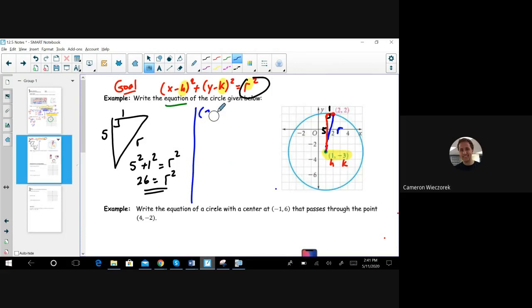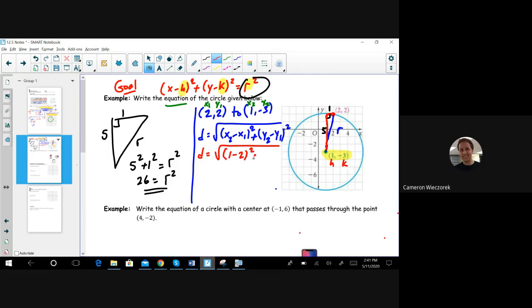You're looking at the distance from (2, 2) to the center, which is at (1, −3). So distance, remember, I'll write the formula to remind you: the square root of (x2 − x1)² + (y2 − y1)². If we label here, here's x1, y1, x2, y2. Subtracting the x coordinates, I get (1 − 2)² plus, and then y2 minus y1 would be (−3 − 2)².